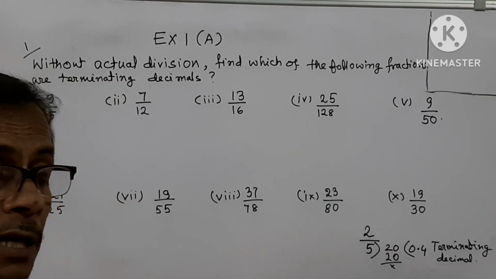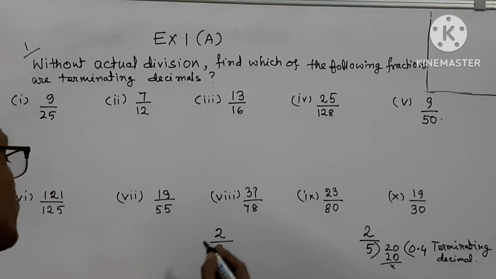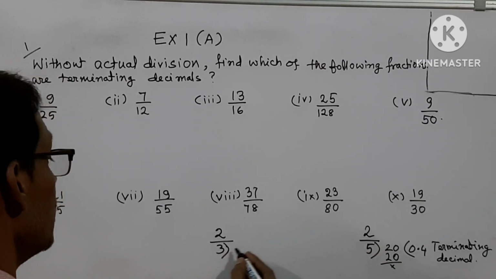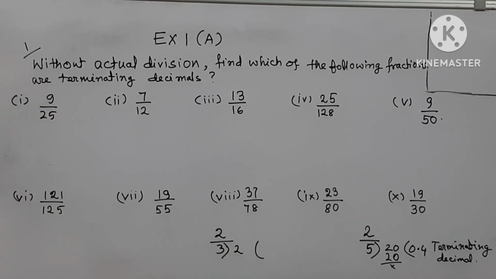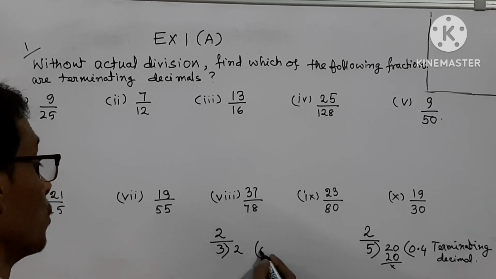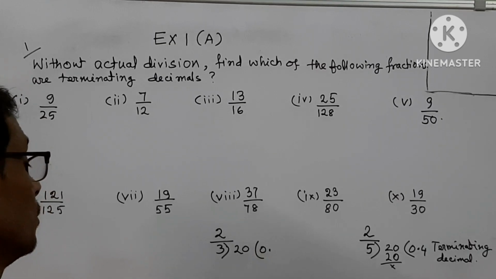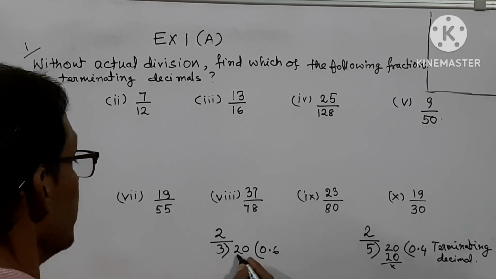On the other hand, if I give 2 by 3, if I convert this into a decimal, then again I have to do the same method. I have to divide 2 by 3, but 2 is again smaller than 3, so I have to put 0 point and then put a 0 beside 2. 3 6s are 18.